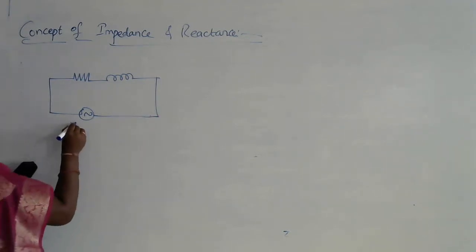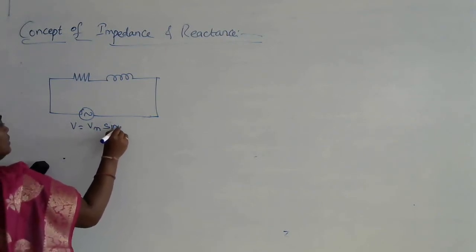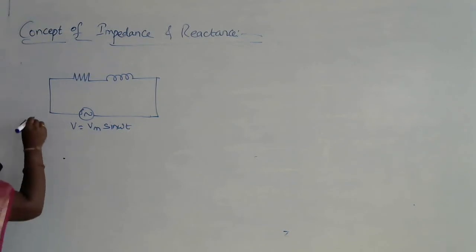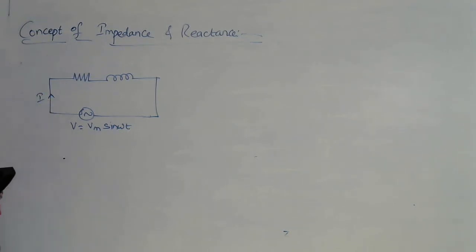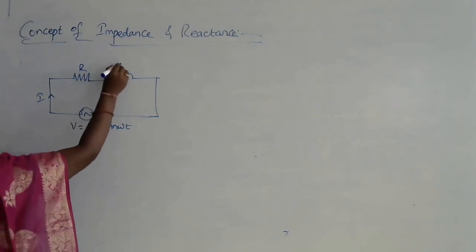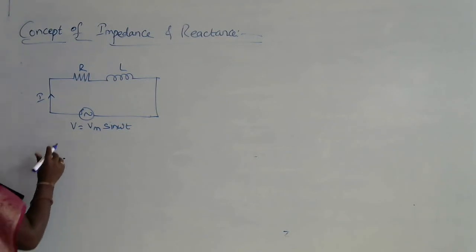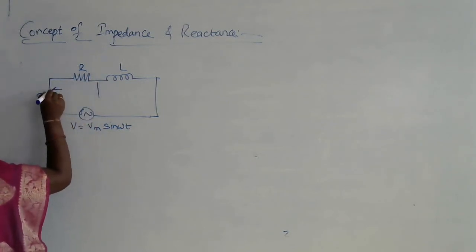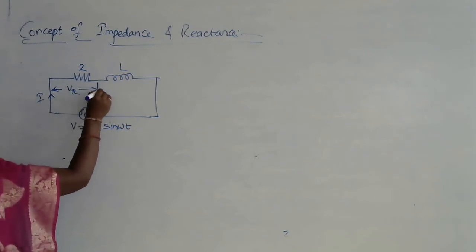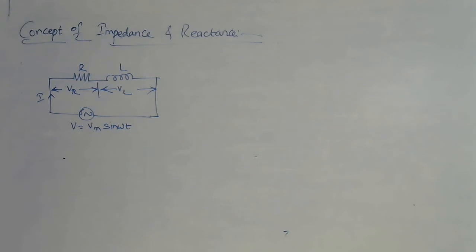So here let me apply Vm sine omega t, and because of this voltage some current I is flowing through this. This is a resistance R, this is an inductor L. So here there is some voltage across this resistance as well as this inductance. As it is a series circuit, the current flowing is the same but the voltage drop is different.